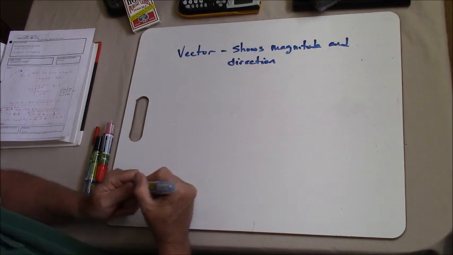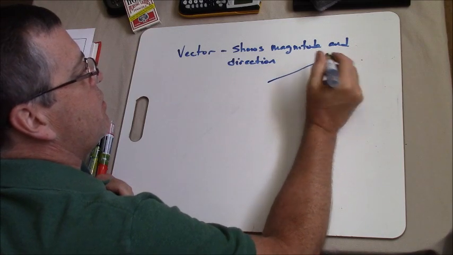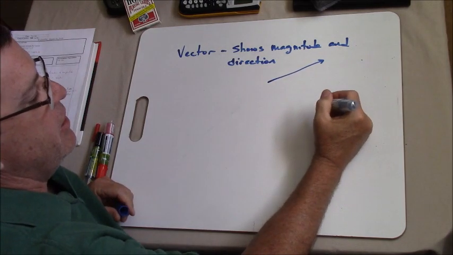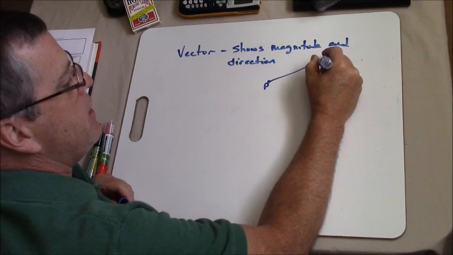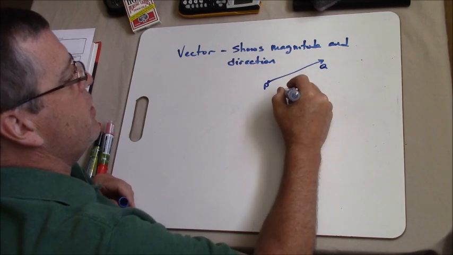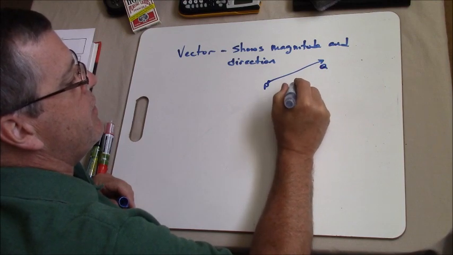Usually a vector is just shown with an arrow like this. If this was the point P, and this out here is the point Q, we would say that this is the vector PQ.